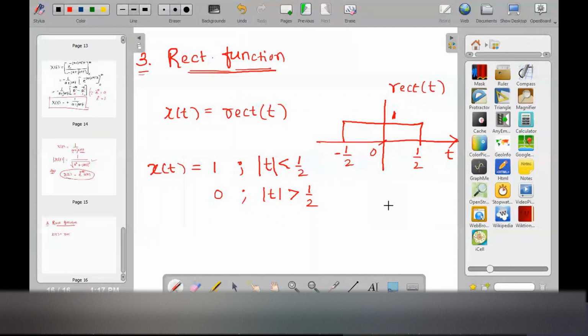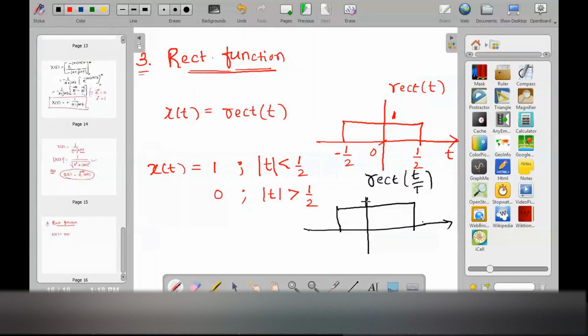Now one more is there. This is a simple form I took just for our knowledge. I will tell you rect of t by T. How do you plot the same function? It takes value 1 here. Can you tell me what is the value here?